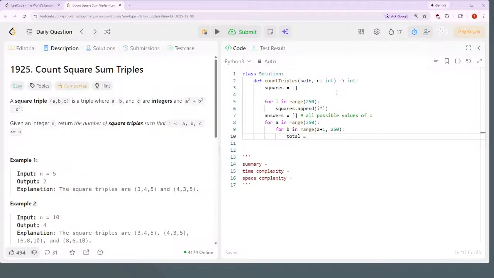Okay, so let's say the total is going to be answers at a plus answers at b. Those are the sum of the squares. And then check to see if total is a square itself. So I think I do, let's say, root is equal to, how do I do square root?